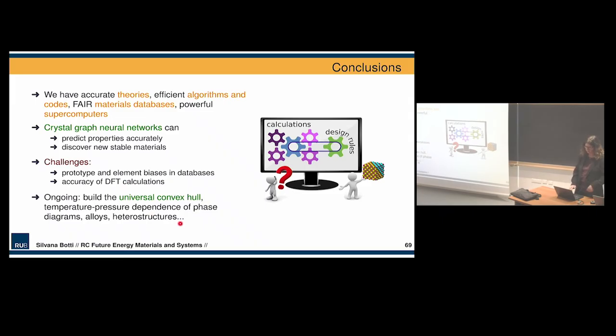And I think we are close to reaching the point where we can say we have reached the universal convex hull, at least from theoretical calculations. Then, of course, we will have to include temperature and maybe alloys, things that we are for the moment just not considering in our databases. There is still a lot of work, but there are also many progress steps.